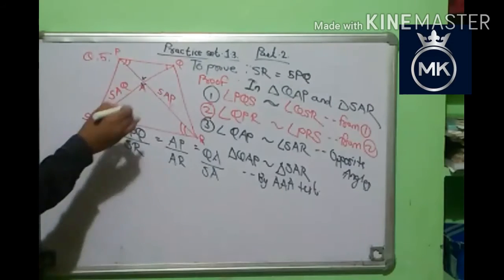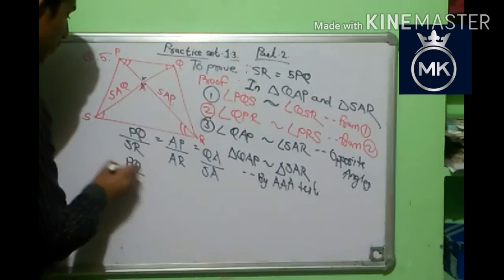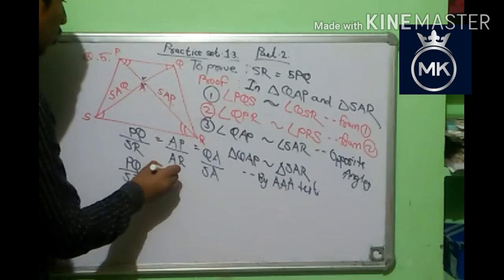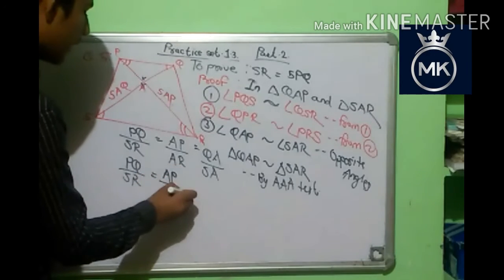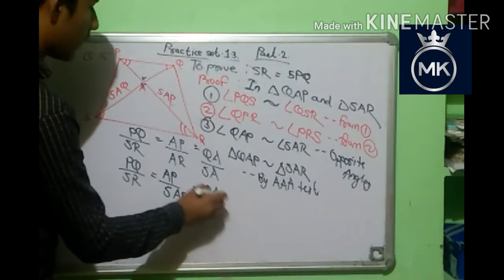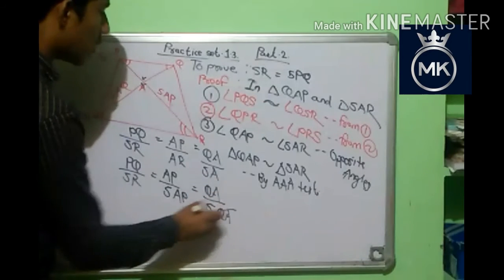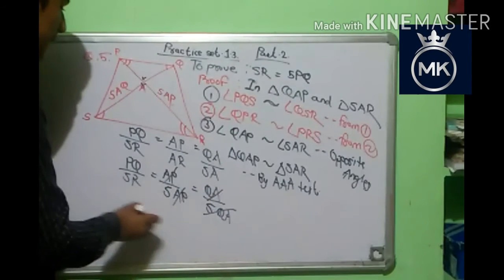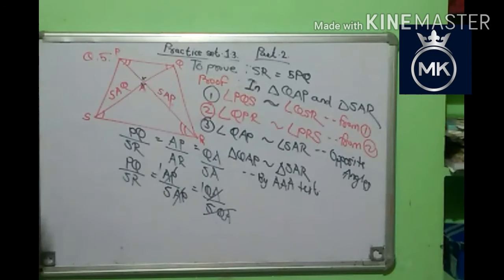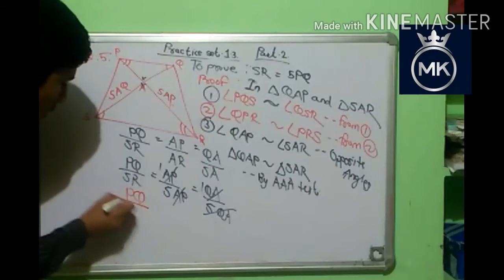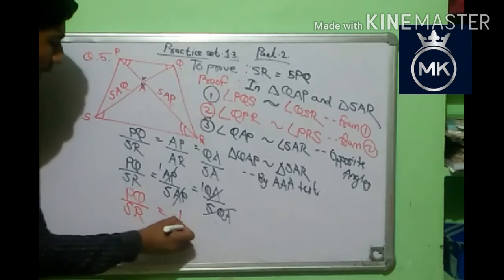Now we put the values: AR is 5 AP and AS is 5 QA. So QA cancels, AP cancels, and 1 by 5 remains. So PQ by SR is equal to 1 by 5.